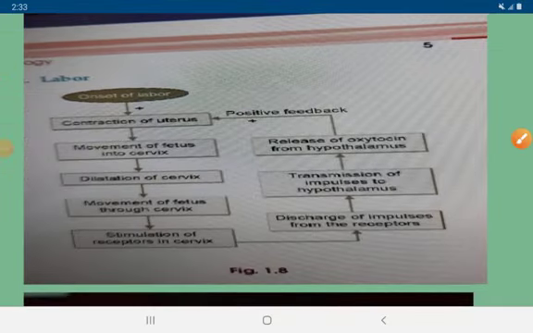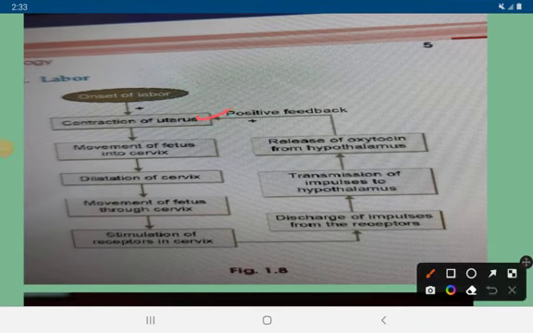Then there is another example of positive feedback mechanisms: labor. Onset of labor, contraction of uterus.